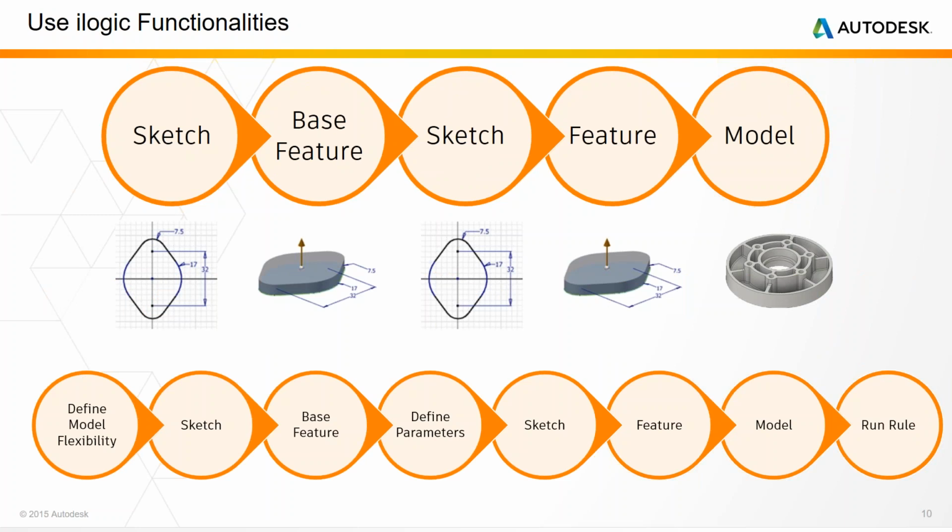First, you need to define model flexibility. Then you need to create a sketch, create your features, and define parameters and sketch feature model. Lastly, you need to run your model rule. So that is the simplest way to use iLogic functionalities for your model.